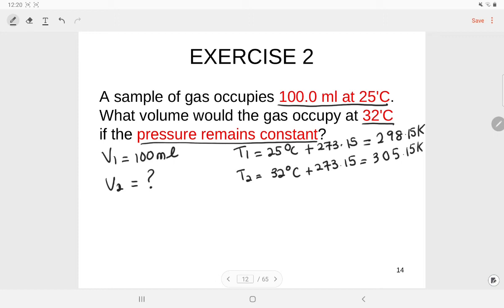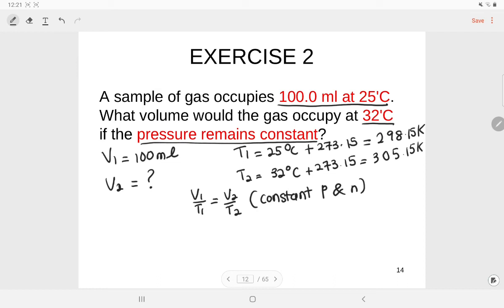Then we're going to substitute into the formula for your Charles' law, which is V1 over T1 equals V2 over T2. Alright, and again we need to write down what is being kept constant, which is constant pressure and number of mole.